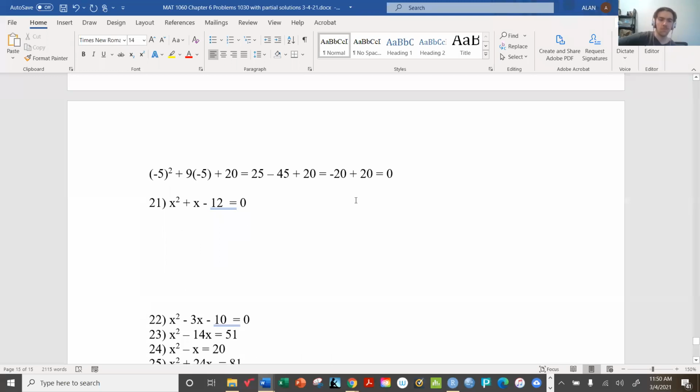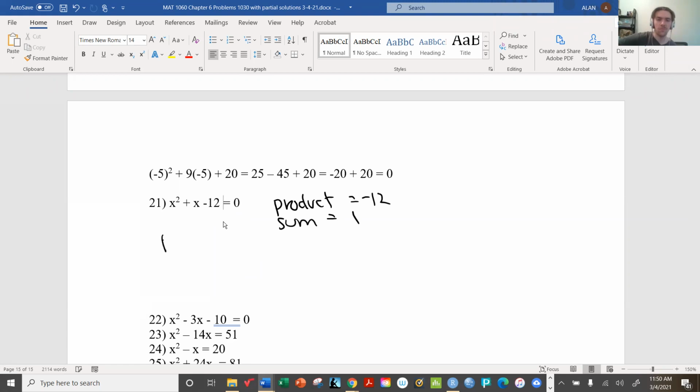All right, so remember, again, what we're aiming for is we need the two terms whose product is -12 and whose sum is 1. Remember, there's an implied 1 here. So let's try that one. And let's see.